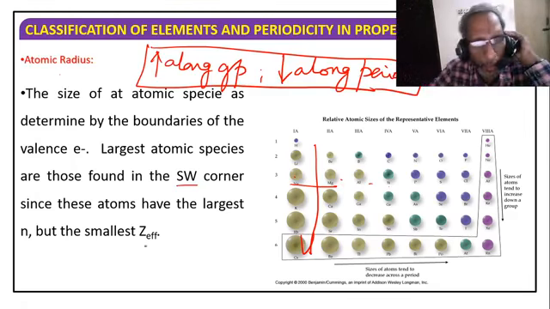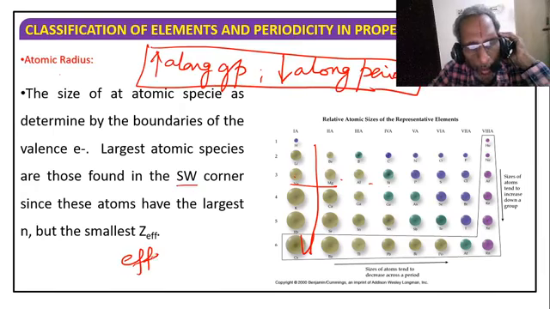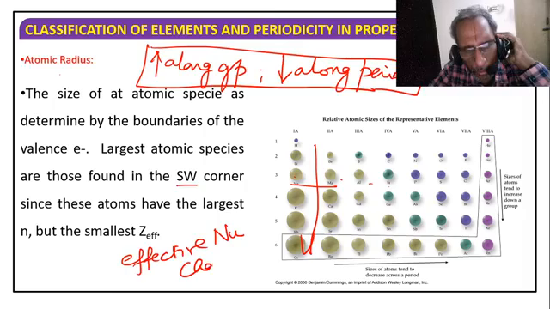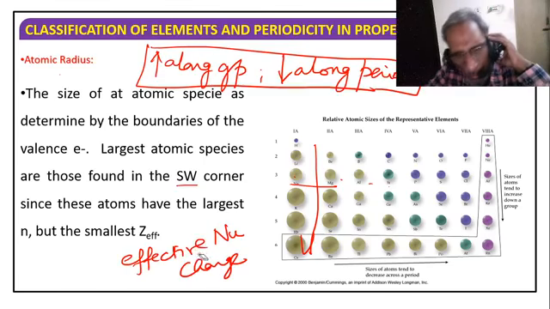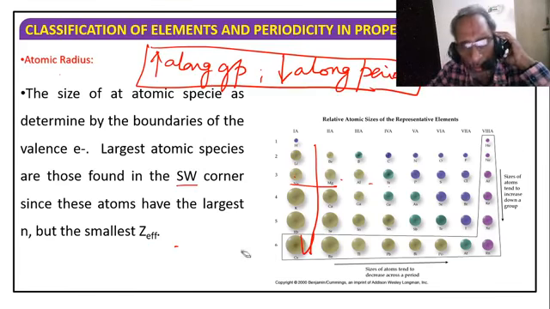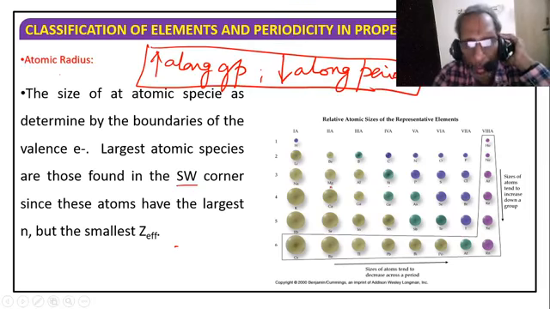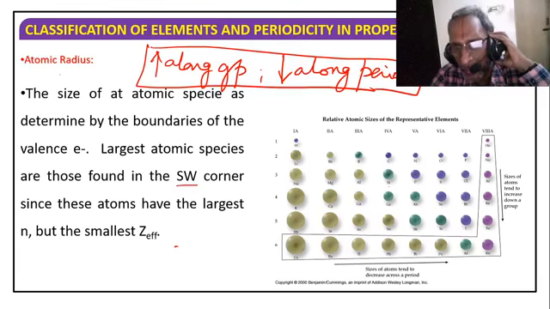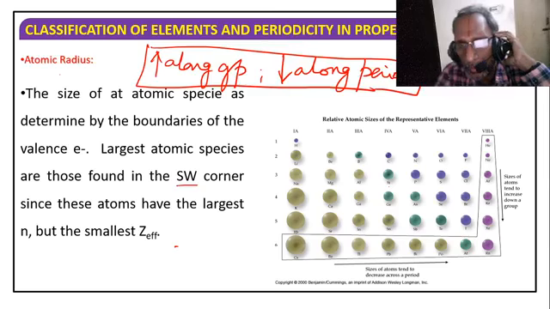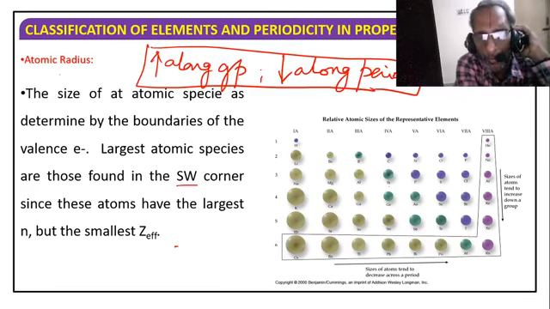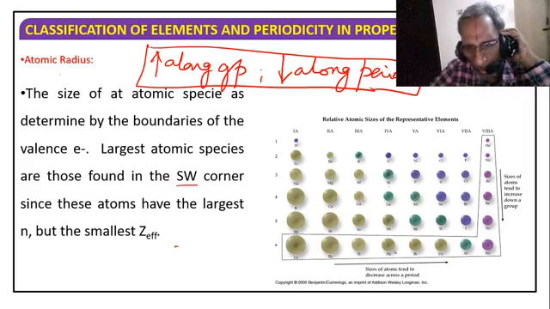Z effective is effective nuclear charge. We will see it once again later, in detail. So along the group, radius increases; along the period, it decreases. That is why, given this, you can note down these wordings.